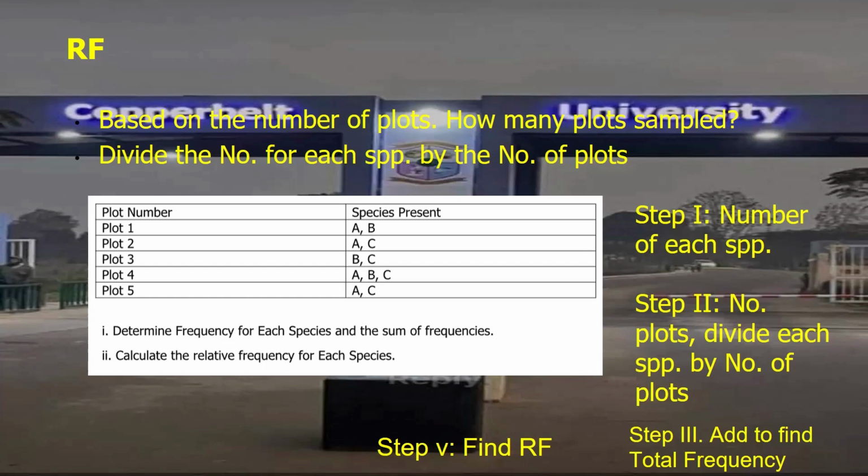The relative frequency for species B is equal to 27.27%. The relative frequency for species C is equal to 36.36%. Those are the relative frequencies. So we've calculated the relative frequency for the species.